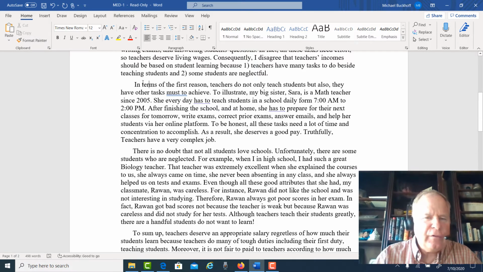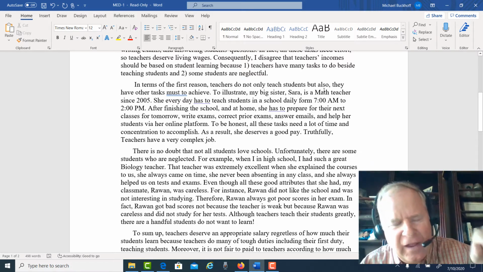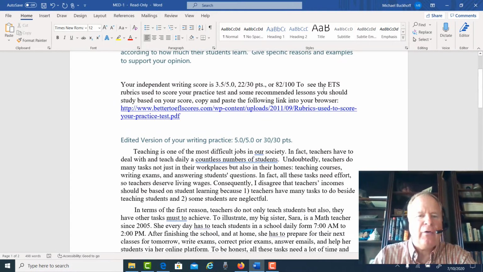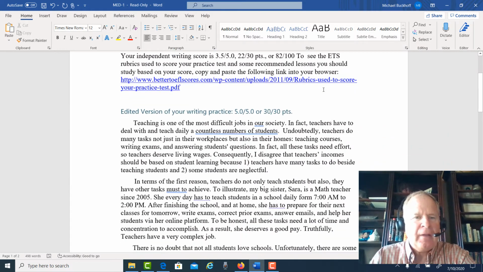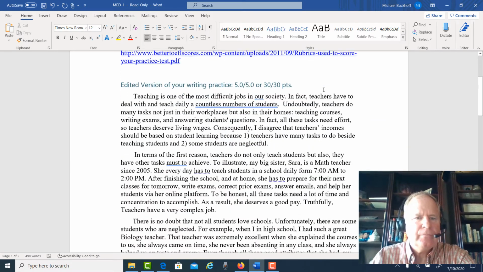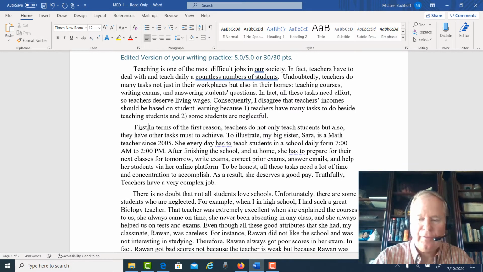Okay, so it says, in terms of the first reason, teachers do not only teach students, but also they have other tasks to achieve, other tasks that they must achieve, right? So you have a few grammatical errors in there. Okay, so how about just say first?